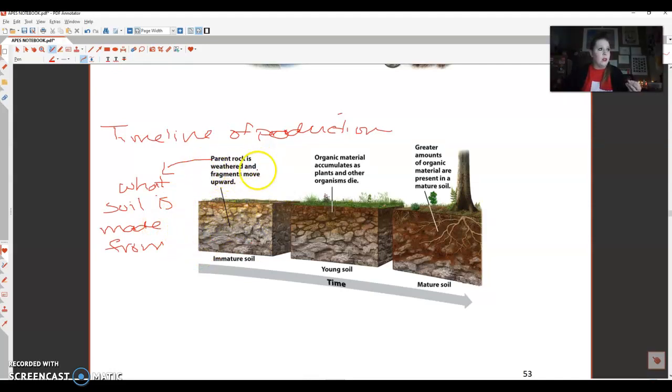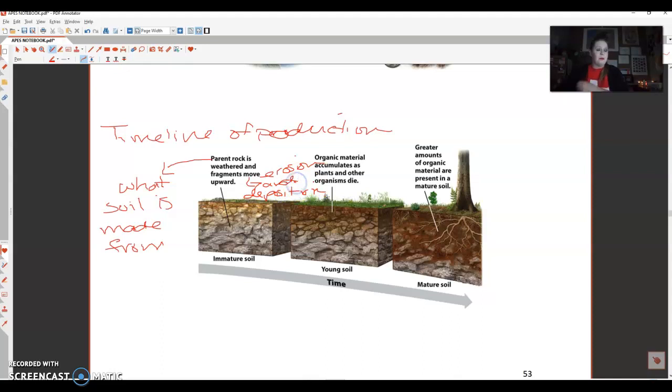So the parent rock is weathered and fragments move upward. Okay, so the fragments of rock move upward from the ground. And what also happens when it moves, it's going to be deposited someplace else. So it's going to move through erosion and deposition.